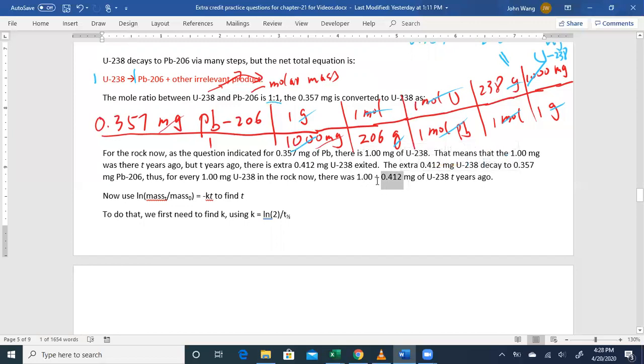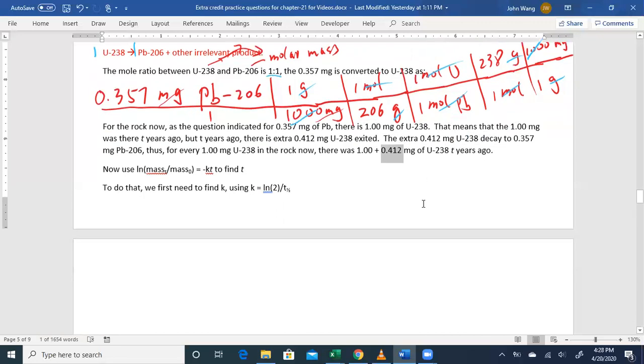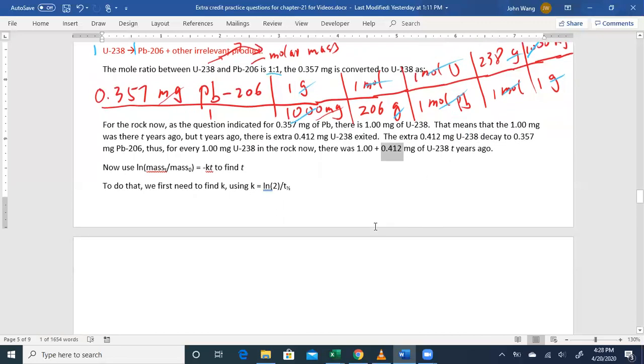Adding together gives how many milligrams the rock had for every 1 milligram it has right now. So basically, we find this ratio: the mass on the top will be 1, then the mass 0 will be 1.412.